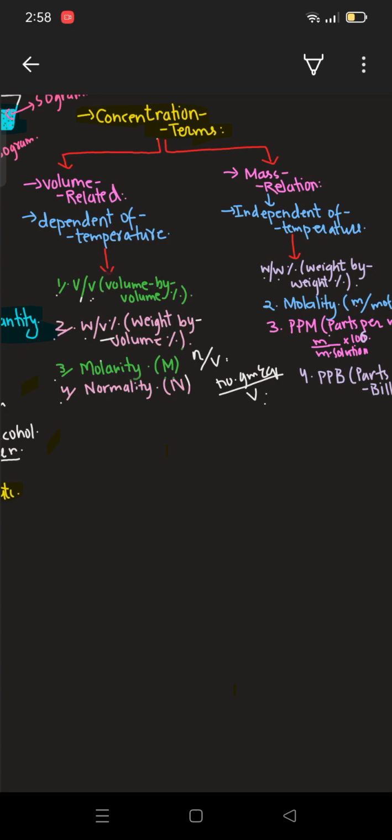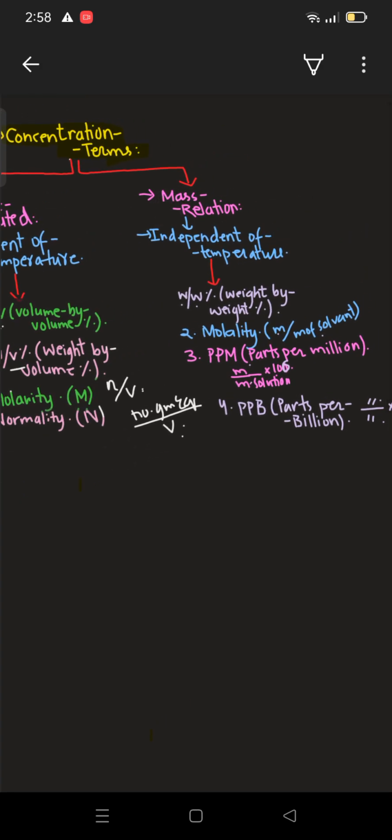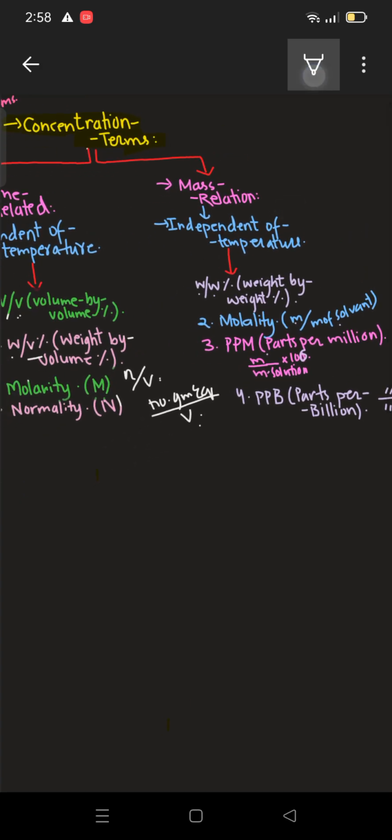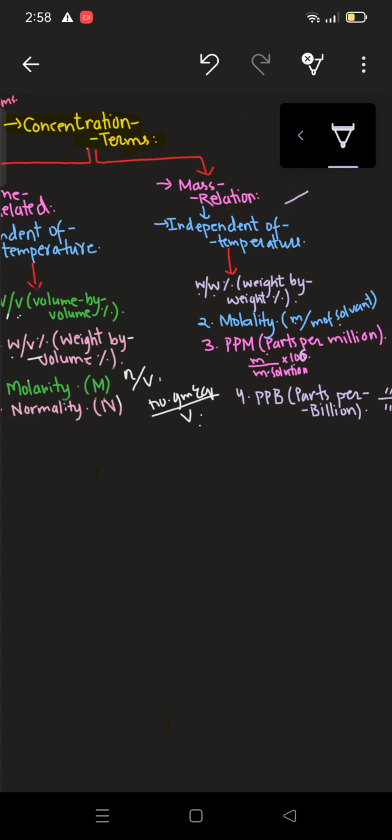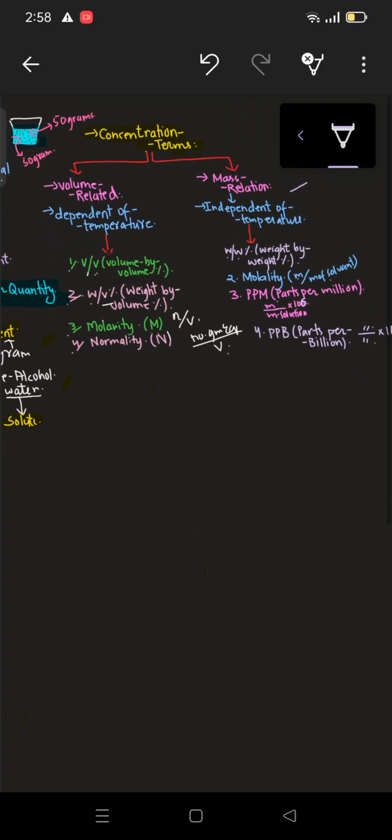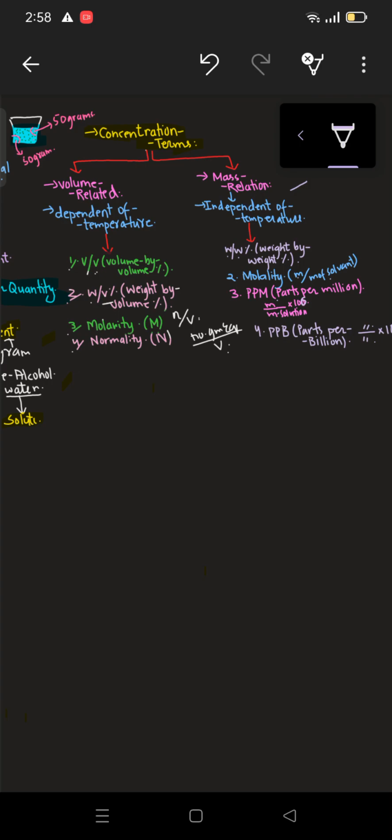We put all the concentration terms that would be affected by temperature in the volume related category. Wherever you see volume, it will of course be affected by temperature. If you increase temperature, the volume will increase. If you decrease temperature, the volume will decrease. On the other hand, the mass related concentration terms are not affected by temperature. That's why we divided them into these two categories.